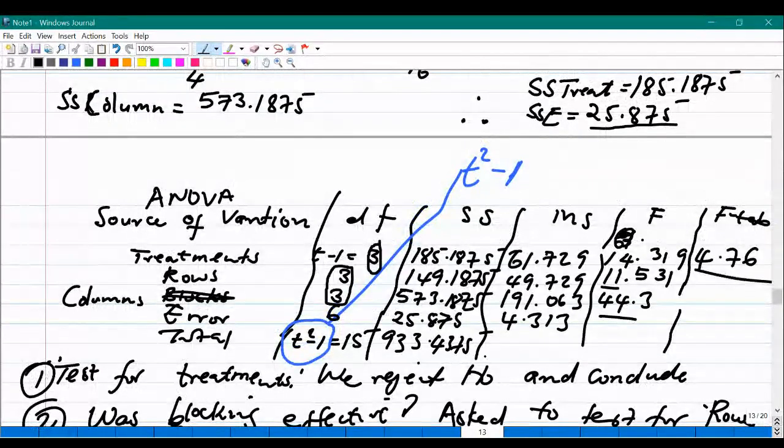Suppose this was our example. This one. It shows that this is a 4x4 problem, isn't it? If we're having a missing observation, 1, 2, 3, 4, 1, 2, 3, 1, 2, 3, 1, 2, 3, 1, 2.